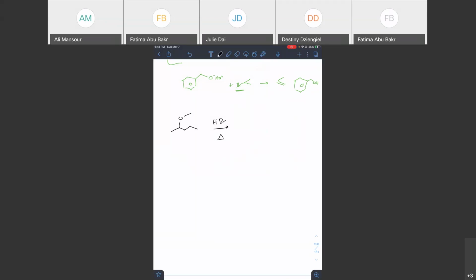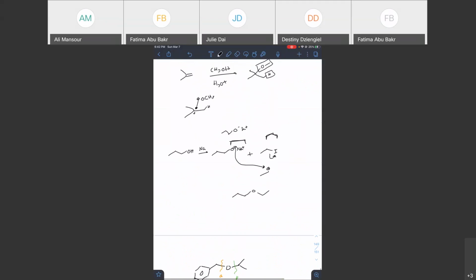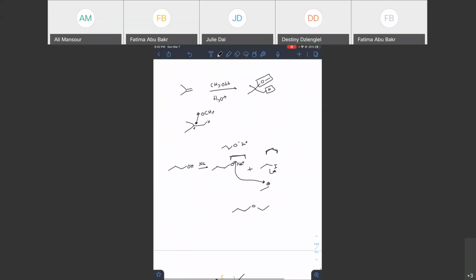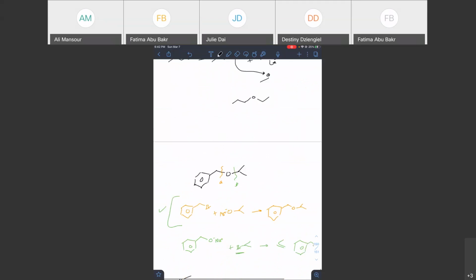Actually, you probably should know the mechanism because he hasn't shown that many mechanisms so far. I think you should know the mechanism for this one, which is two primary alcohols and how they form an ether.